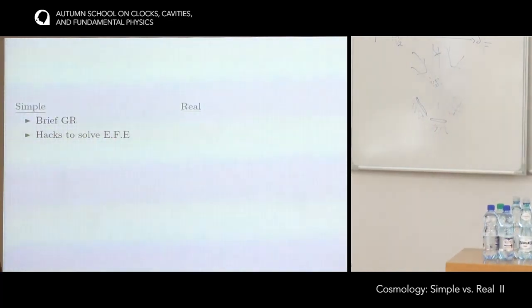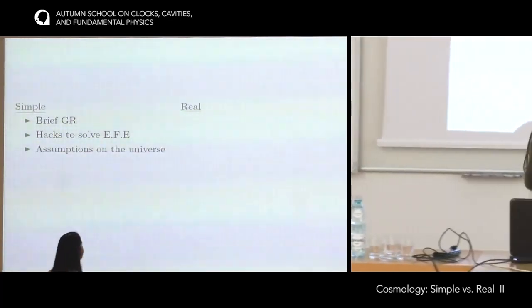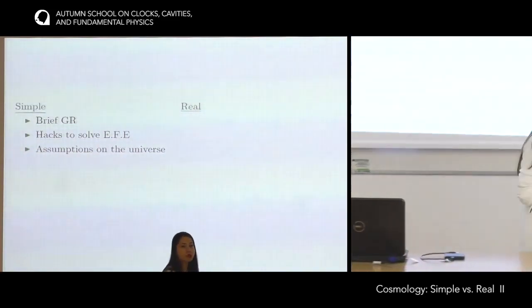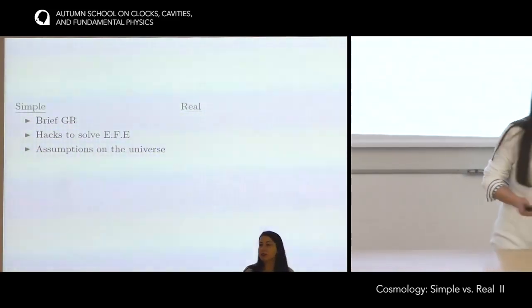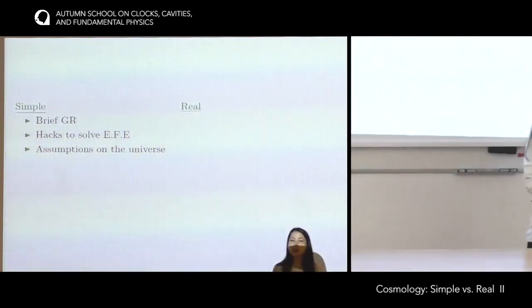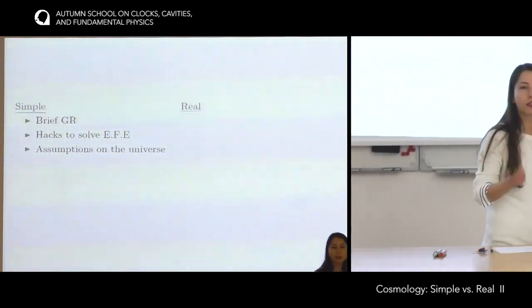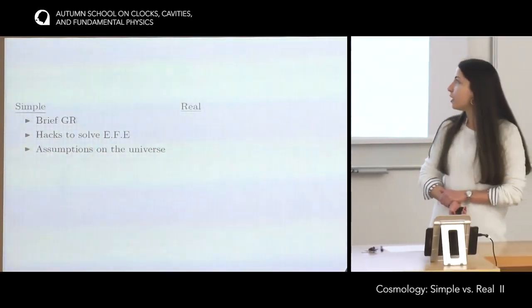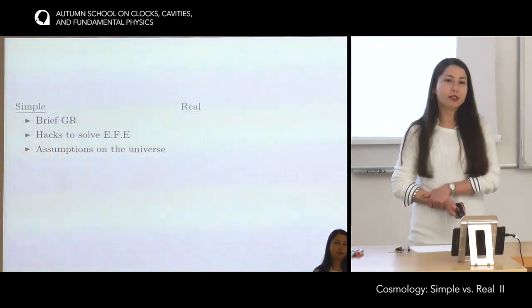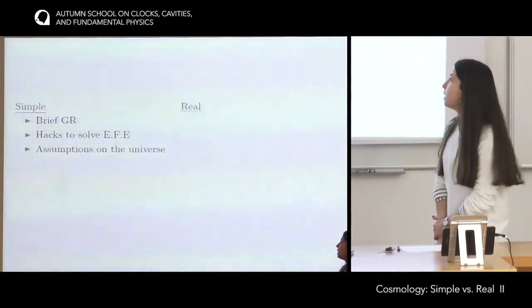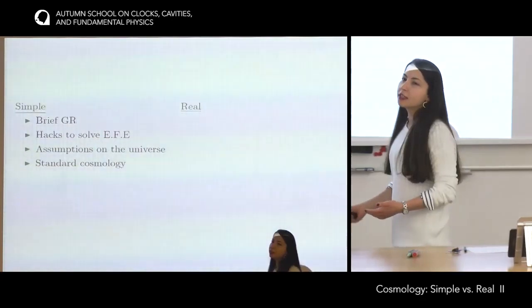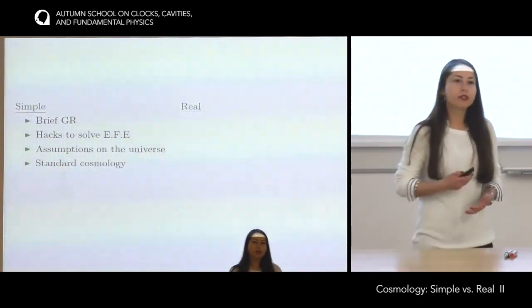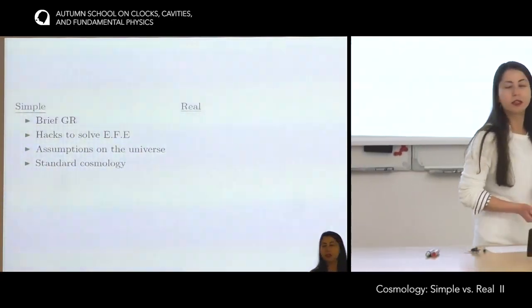And we applied this trick to cosmology by applying some assumptions on the universe, and that gave us some symmetry conditions. We said that we assume that the universe is homogeneous and isotropic, and that gave us a very simple solution yesterday. And then I tried to give a brief summary of the standard cosmology we use today.